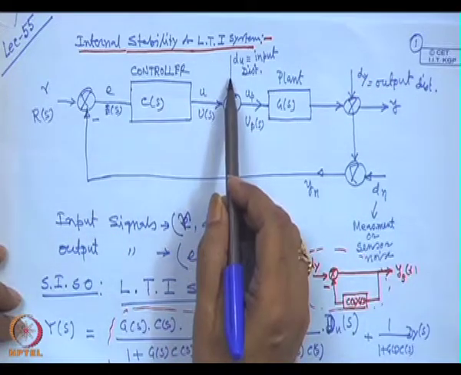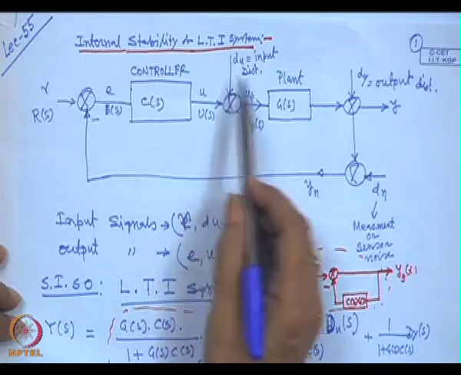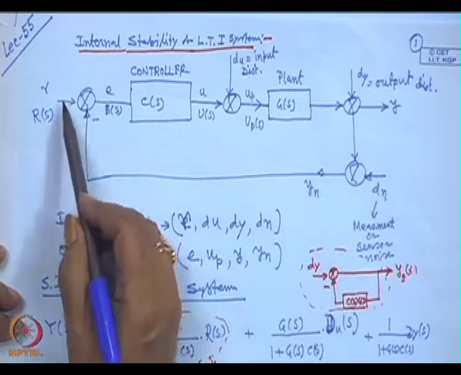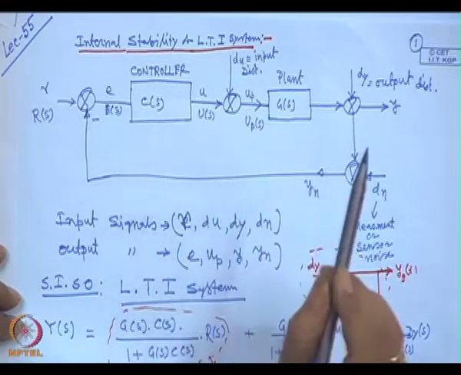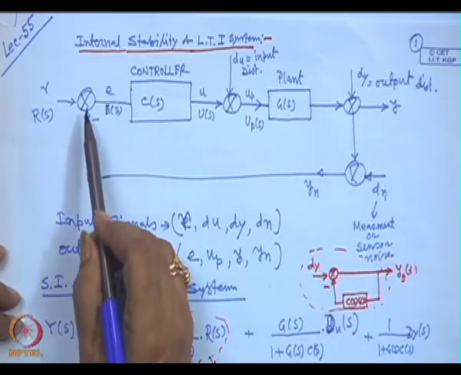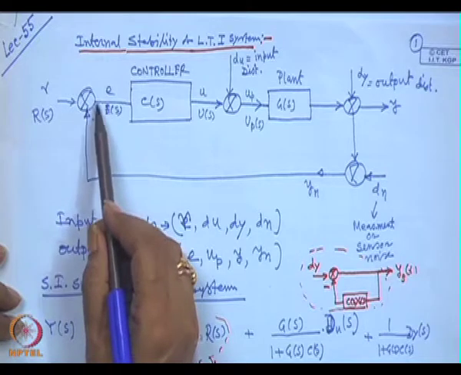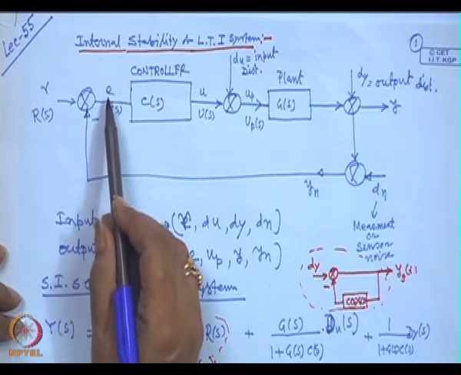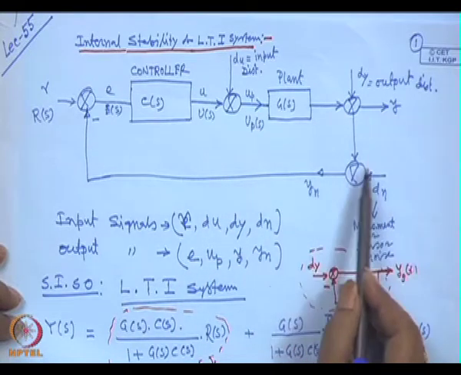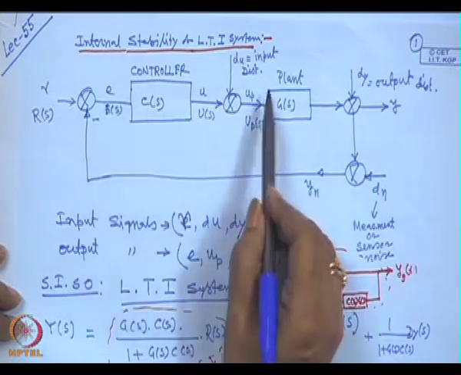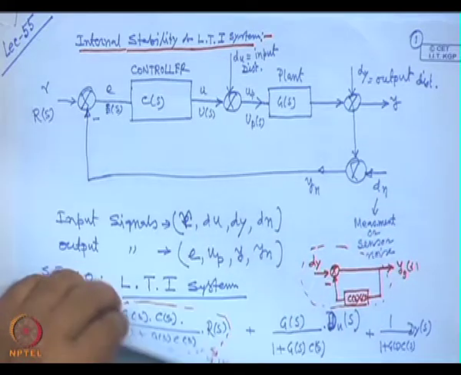Since there are 4 inputs, all internal signals must be stable. We considered the internal signals: the summer output E, the summer output U p, the summer output Y and U n. All internal signals must be stable.